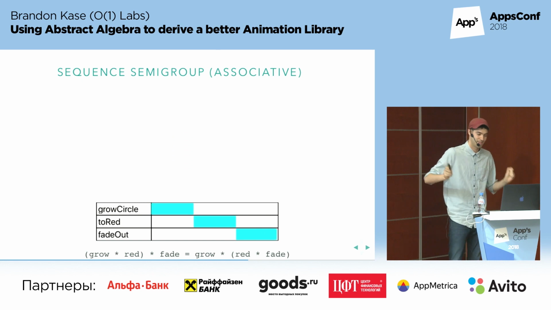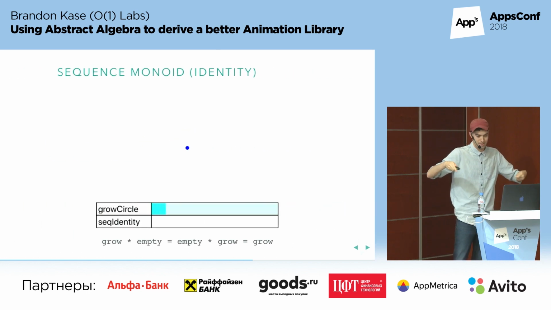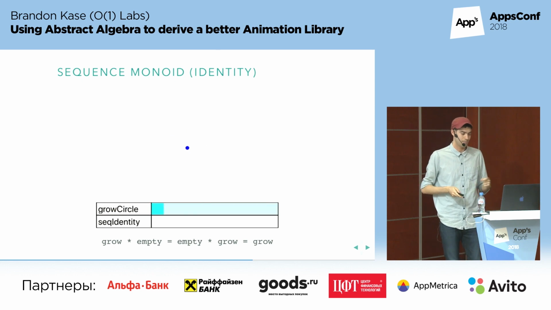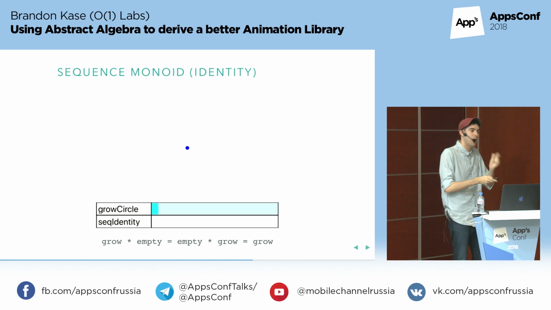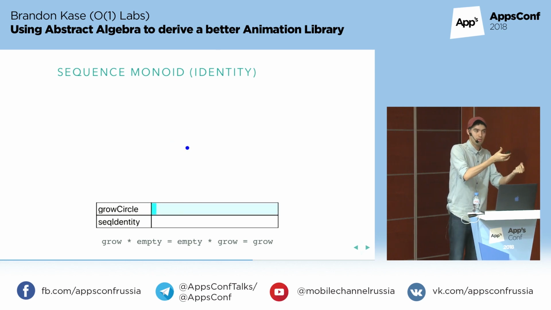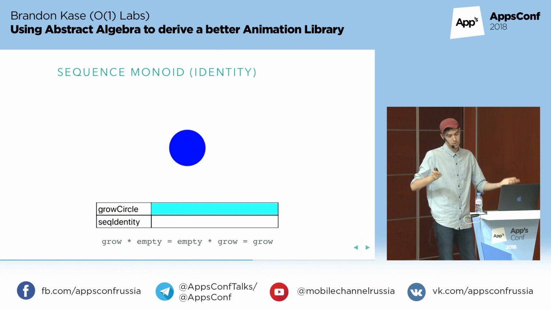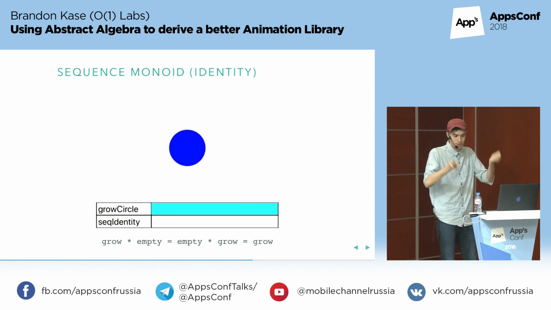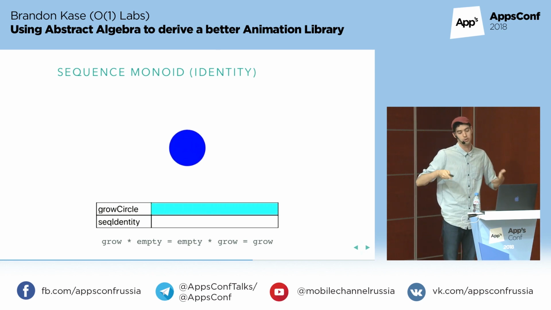All right. Jargon, awesome. So now let's think about the next thing, an identity, all right? So what is the animation where if we combine it in the beginning with anything or at the end with anything, it's as if we hadn't done anything at all, right? So we think a bit. In this case, we're growing a circle, and we want something that we can put at the beginning and the end and doesn't change what growing the circle means.